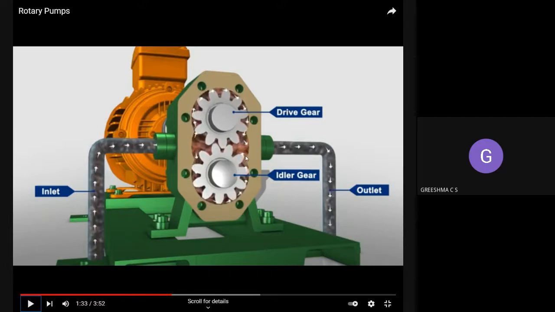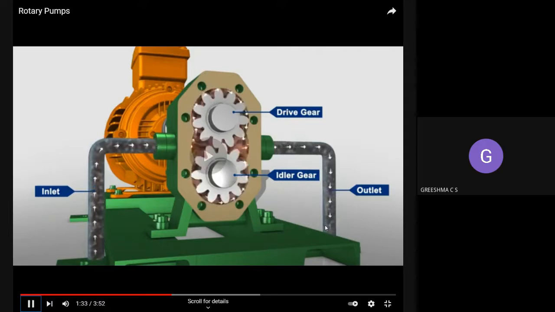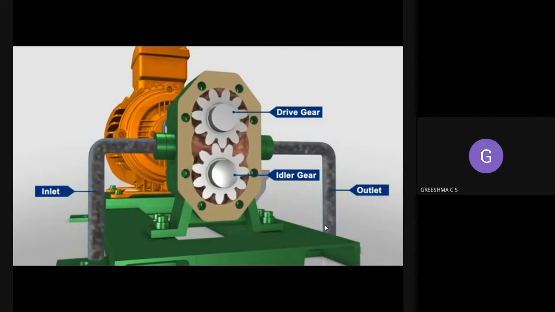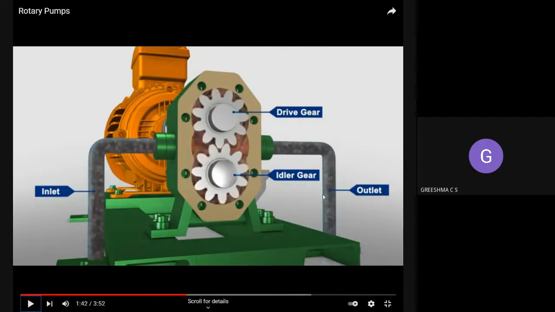It will have a to and fro motion, and this is the outlet pipe through which water will be forced outside. See, this is how it is working. While these gears are moving, a pressure will be created, so because of that pressure, water will be moving.